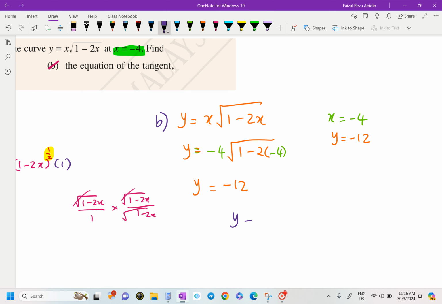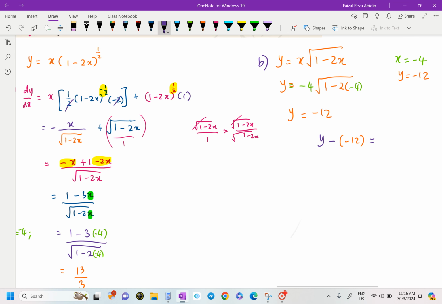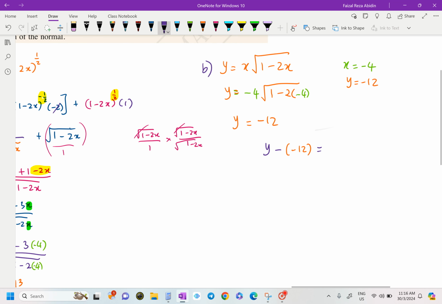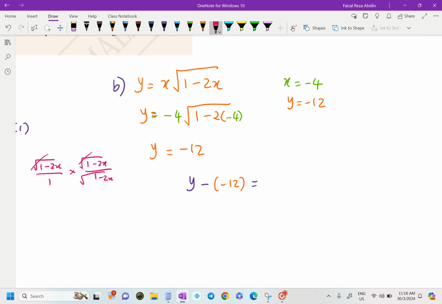y minus y1, where y1 is negative 12, equals the gradient we found just now, 13 over 3 when x equals negative 4, times the bracket x minus x1, negative 4.